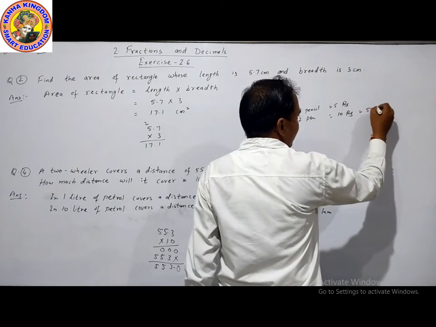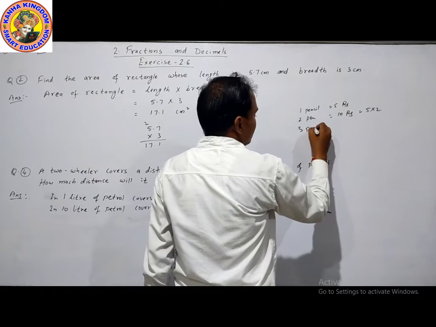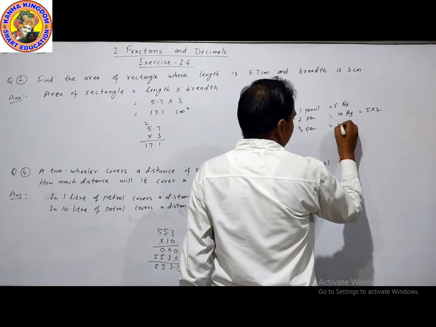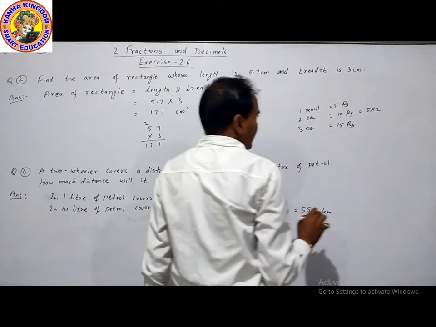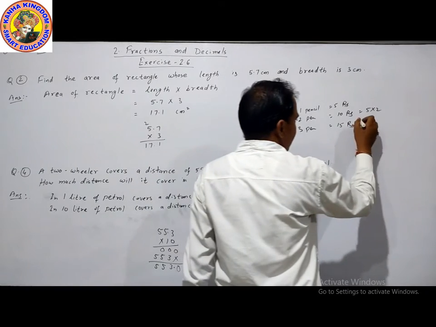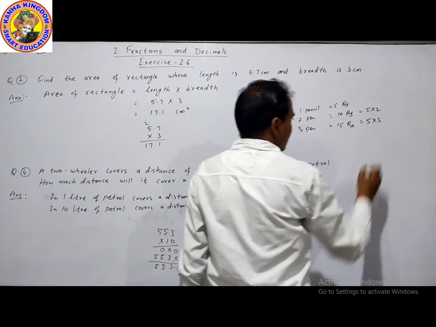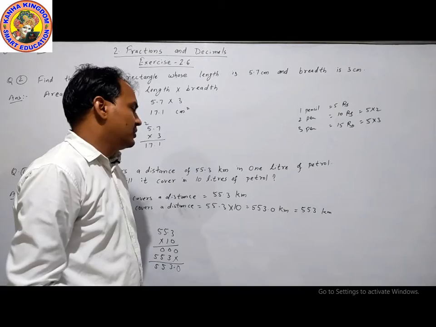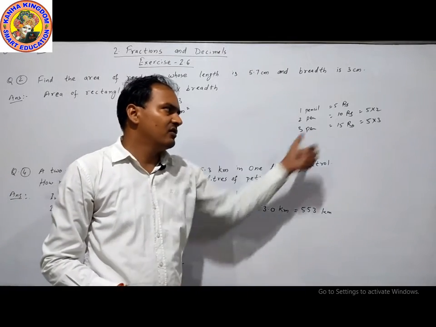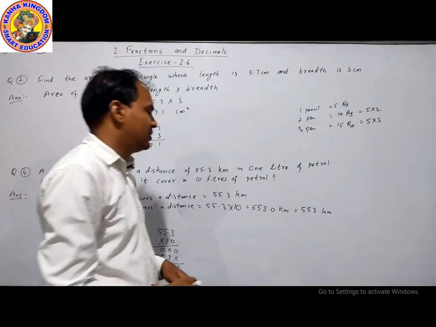How? 5 into 2. If you buy 3 pencils, the shopkeeper says 15 rupees because 5 into 3. So for 10 we will multiply by 10.